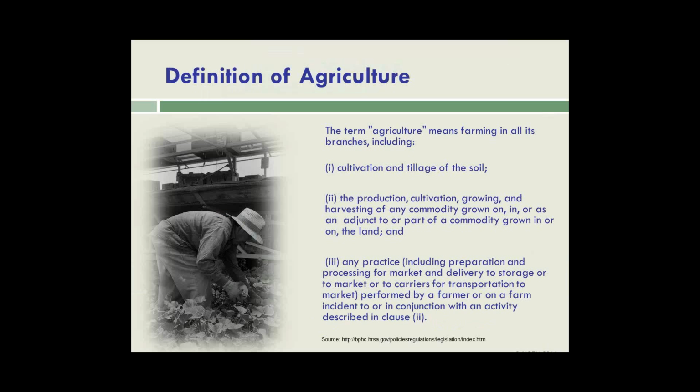The term agriculture means farming in all its branches, including the following: cultivation and tillage of the soil, the production, cultivation, growing, and harvesting of any commodity grown on, in, or as an adjunct to or part of a commodity grown in or on the land, and any practice including preparation and processing for market and delivery to storage or to market or to carriers for transportation to market, performed by a farmer or on a farm, incident to or in conjunction with an activity described in Clause 2.